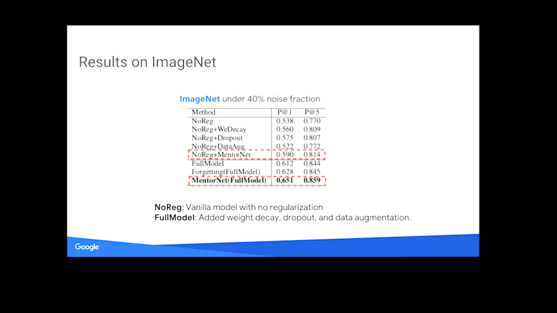We conducted similar experiments on ImageNet under 40% noise fraction, where we observe a similar pattern: MentorNet outperformed all the baseline methods significantly, by up to 4% in terms of P@1. I want to emphasize that we separate all the existing regularization techniques, such as weight decay, dropout, and data augmentation, and you can read about that in the paper.